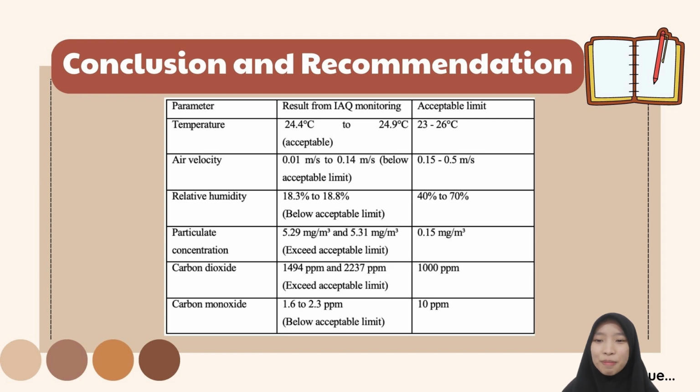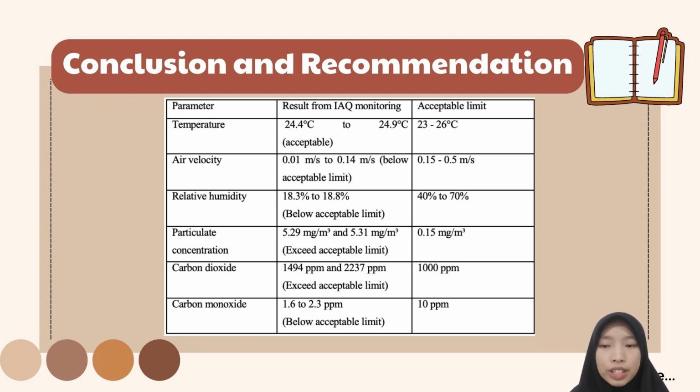Not only that, but relative humidity has a very low value compared to the acceptable limit, which is 18.3% to 18.8%, while the acceptable limit is 40% to 70%. In addition, the particulate concentration in the computer room, which is around 5.29 mg per cubic meter and 5.31 mg per cubic meter, has also exceeded the recommended range, which is 0.15 mg per cubic meter.